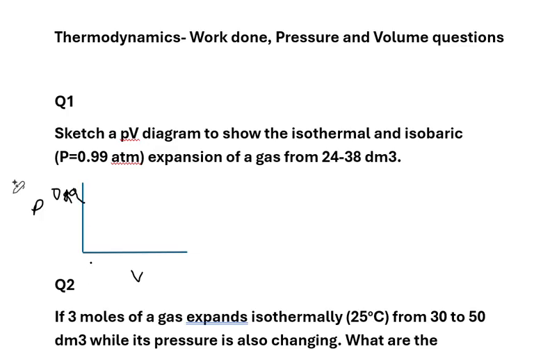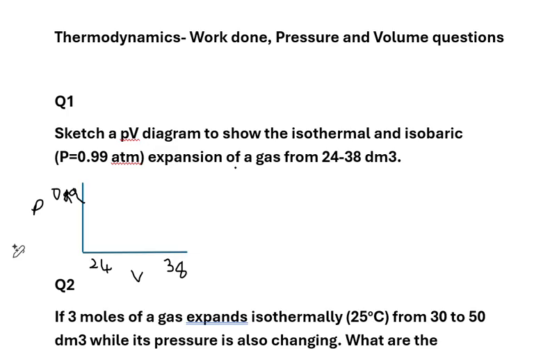And the volume would be from 24 dm cubes to 38. When you're doing questions like this, ensure to put your units as well as label your axes and so on and so forth. This is just for demonstrative purposes.